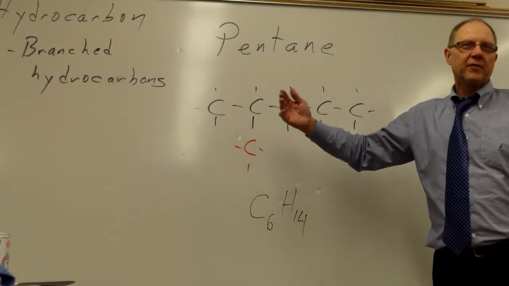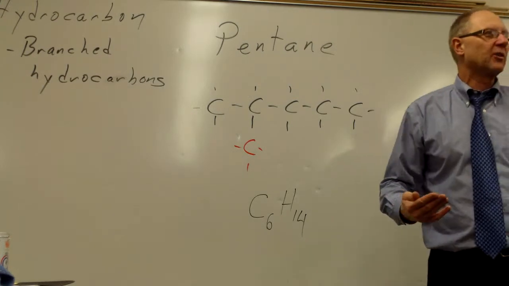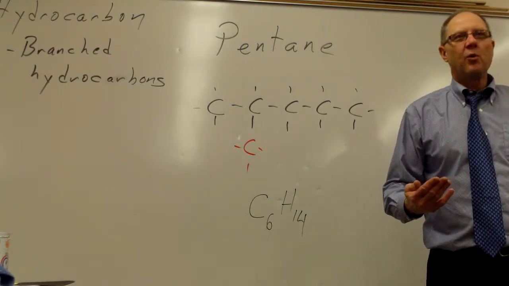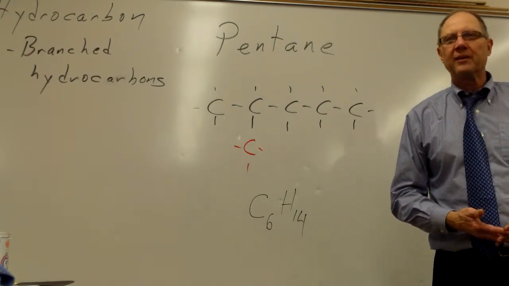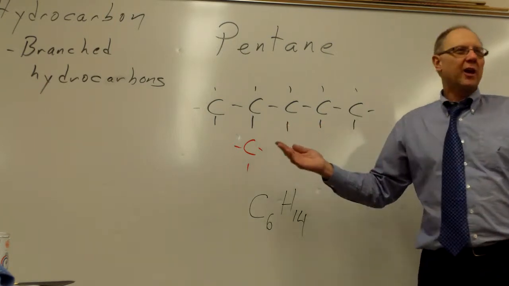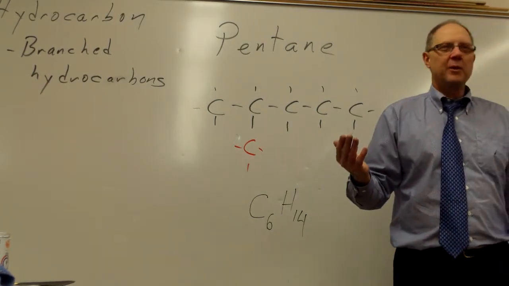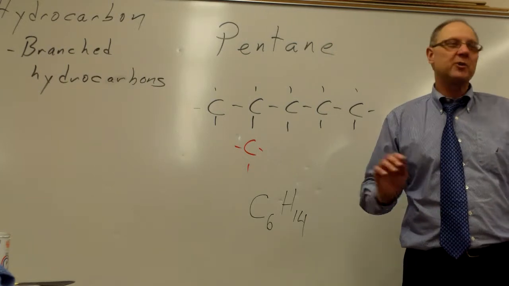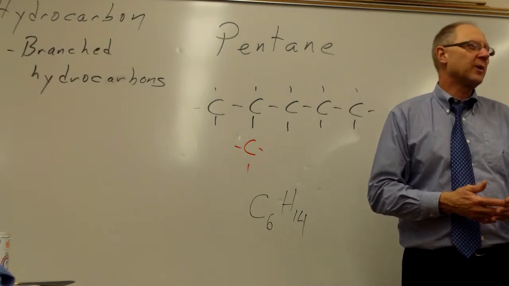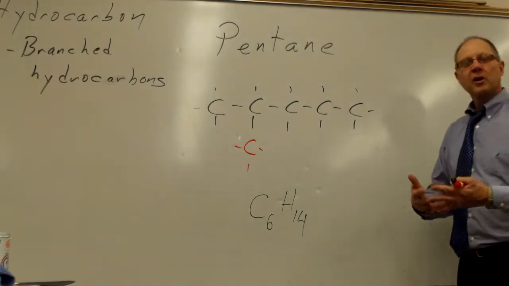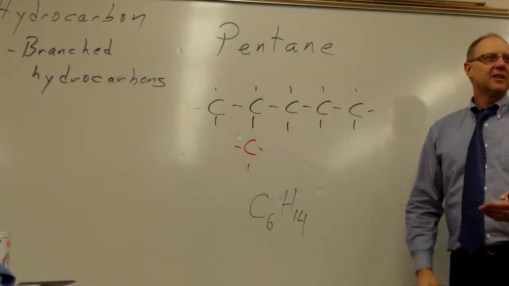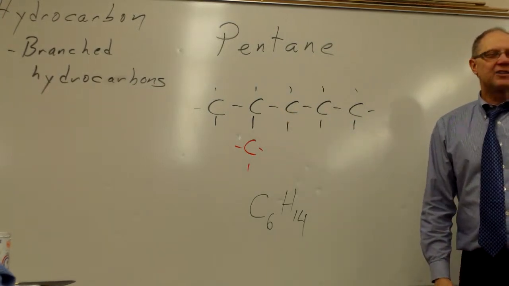Just like you don't have to memorize all the books in the world. If you want to know what's in one, you simply read it. Same thing here. You can't possibly memorize the names of millions of organic compounds, but you don't have to. All you have to do is learn how to read them. And so what we're going to learn today is how do I read this and therefore know what it is.